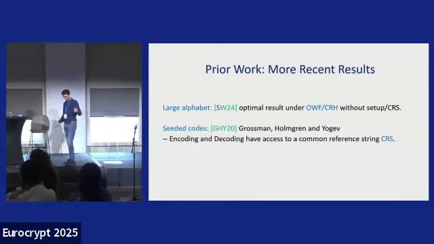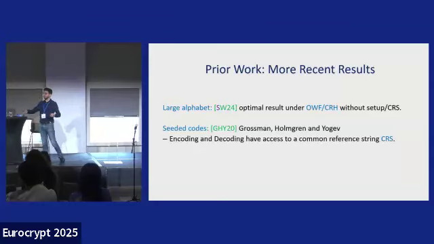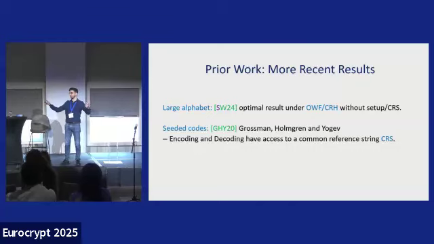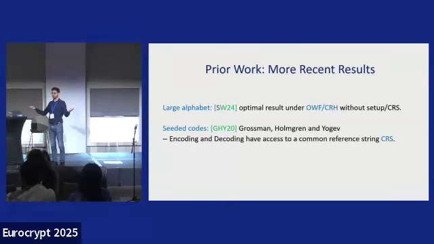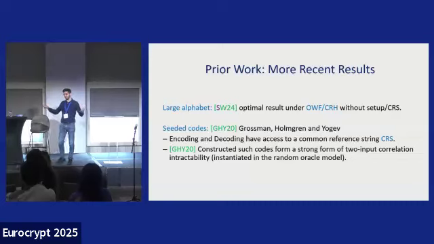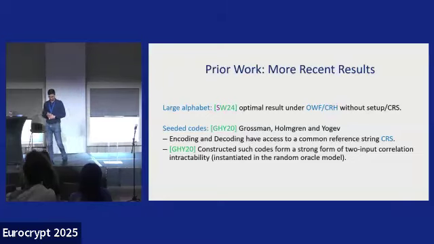Seeded codes are, again, codes against computationally bounded channels, but these encoding and decoding functions also have access to some public shared seed that is visible to everyone. So it's a construction in the CRS. And Grossman et al. were able to give a construction for such codes under a very strong assumption that is only instantiated in the random oracle.